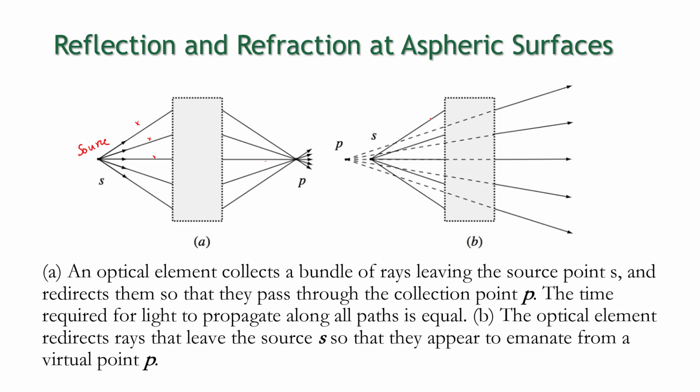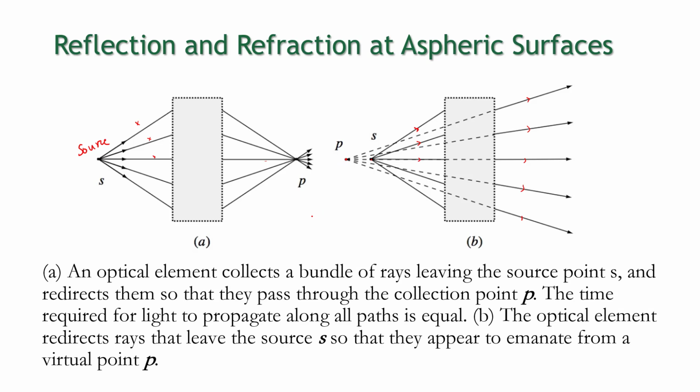We can also have another kind of optical element which redirects the rays. So, these are the rays coming from the source and hitting the optical surface, and the optical surface is redirecting the rays in such a way that these rays appear to come from some other source, some other point P. Although it's originating from S, if you look from this side, it will appear to come from P. Okay.